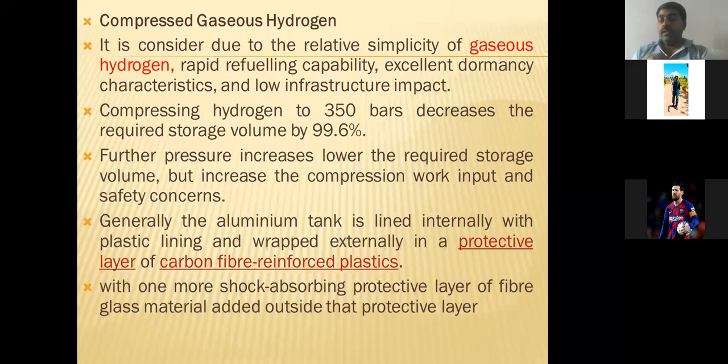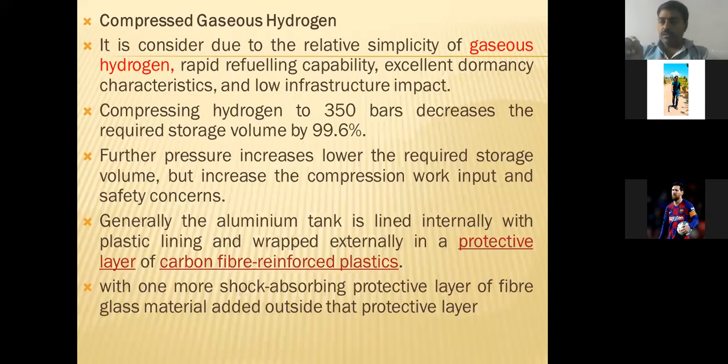Just like your gas cylinders: whenever you open the gas cylinder in your house, the high pressure gas comes out because it is compressed and kept inside the cylinder. When I open it, because of the pressure difference, it comes out.